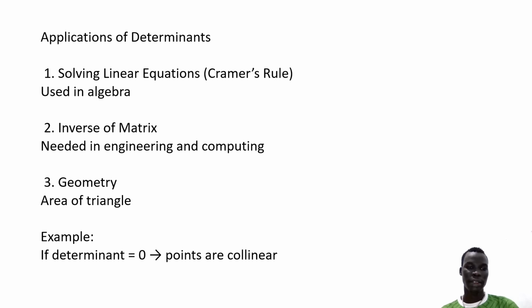Then geometry, finding the area of a triangle, you also need to find the determinant. And if the determinant is equal to 0, then the points are not collinear to each other. So that's how it is.